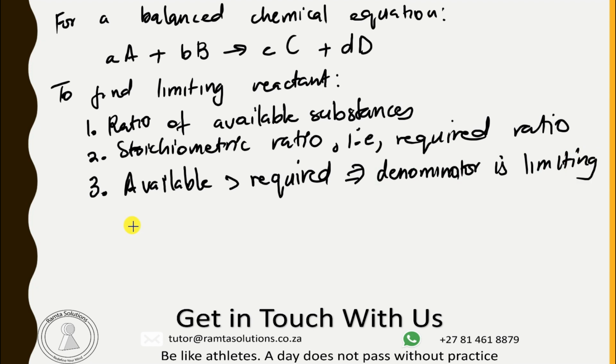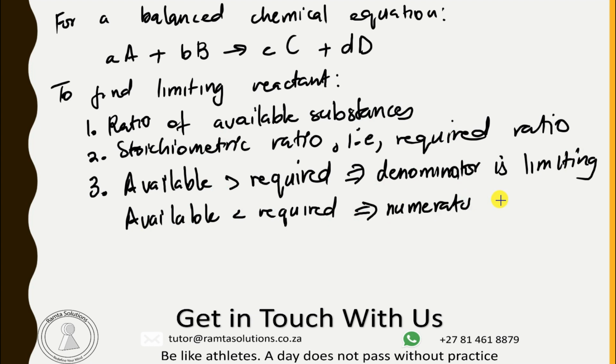Remember, if the ratio of available substances is less than the ratio of the required substances according to stoichiometry, if available is less than required, this will mean the numerator is limiting.